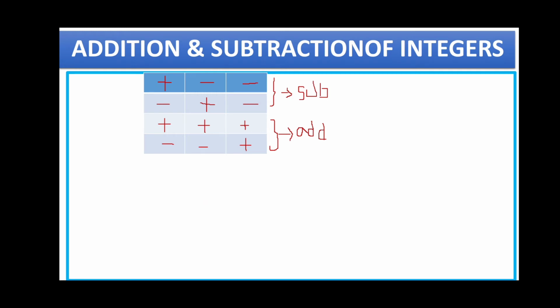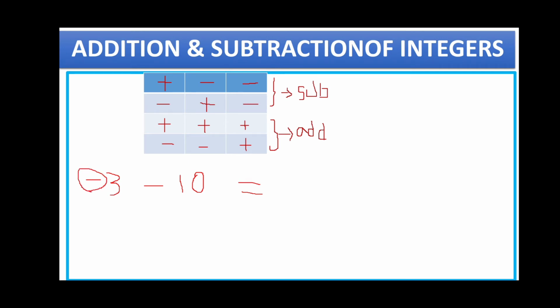Now let us see one more example. Take a number of examples until you are thorough with the subtraction and addition of integers. Here I am taking minus 3 and minus 10. Now what will be the result?